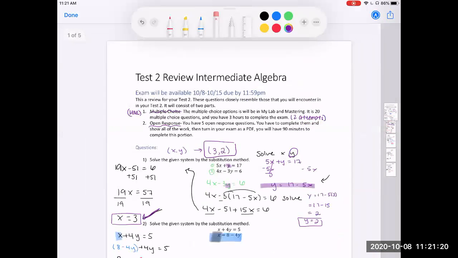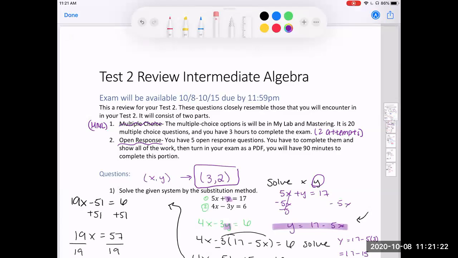Okay, so that was your review. Your test 2 will be 2 parts. You have 1 part in MyMathLab where you have 2 attempts and you have 3 hours to complete it. And then an open response part where I want to see your work for it. There'll be 5 questions. I think it's safe to anticipate there'll be a lot of factoring. That's my big hint.